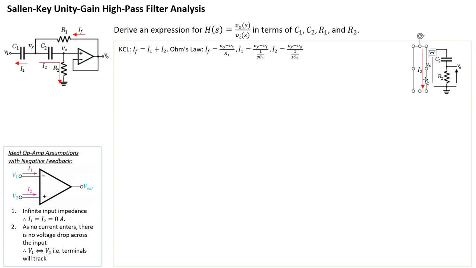So I2 flows down completely from top to bottom. Therefore, this is actually a potential divider. So we can come up with an equation that explains Vx in terms of Vo, C2, and R2. Okay, let's do that.